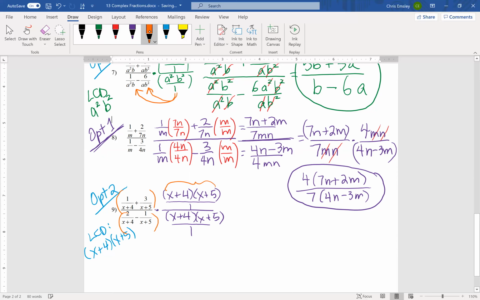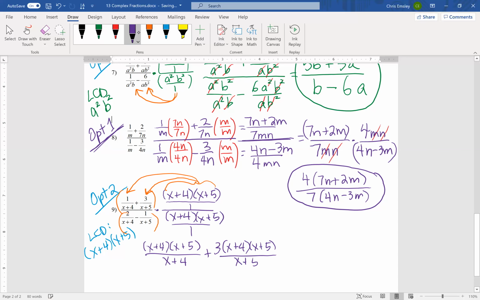This whole thing gets distributed into both of those terms. So let's see what we got there. We'll have (x plus 4)(x plus 5) over x plus 4. That's when we distribute it to the first fraction. Then we'll have a 3(x plus 4)(x plus 5) over x plus 5. That's what happens when we distribute it to the second fraction.